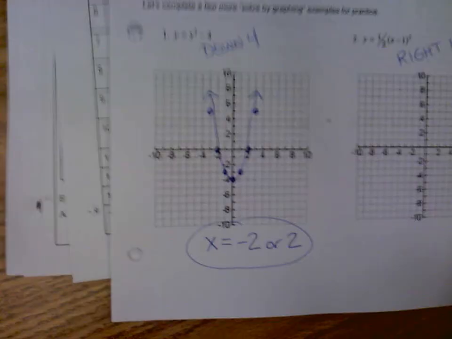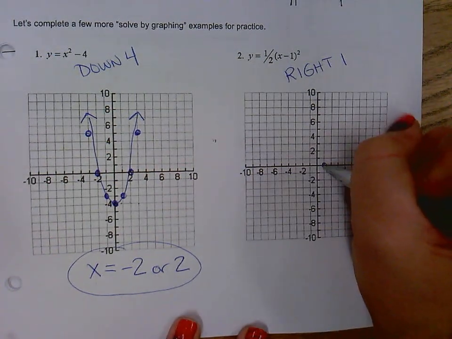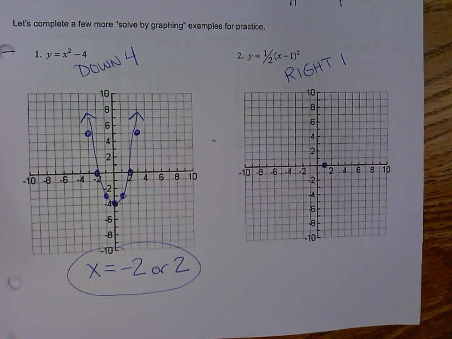Okay. So this time I'm going right 1, but what does the 1/2 do that's in front? It makes it half as steep, right? So when you have the points, remember how to do this? 1, 1, 2, 4, 3, 9. You cut this value in half.